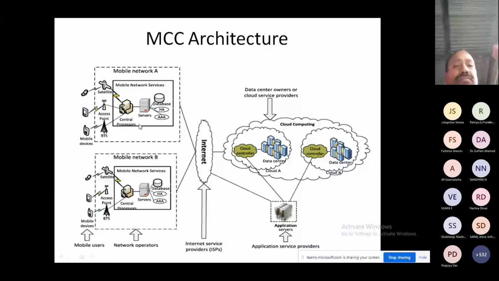These are the various setups for mobile network A and mobile network B, connected to the internet, where the various mobile users are connected with network operators and ISPs, internet service providers, and then the application service providers, where the cloud controller is there and the data center is there. This is where the data center owners or cloud service providers provide these services. So this is the mobile cloud computing architecture.